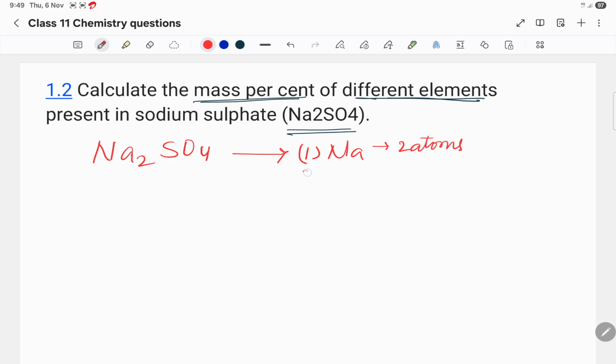Okay. Second one is sulfur, and sulfur has only 1 atom. And third one is oxygen, and oxygen has 4 atoms. Okay. So now we have to calculate the mass percentage of each element.